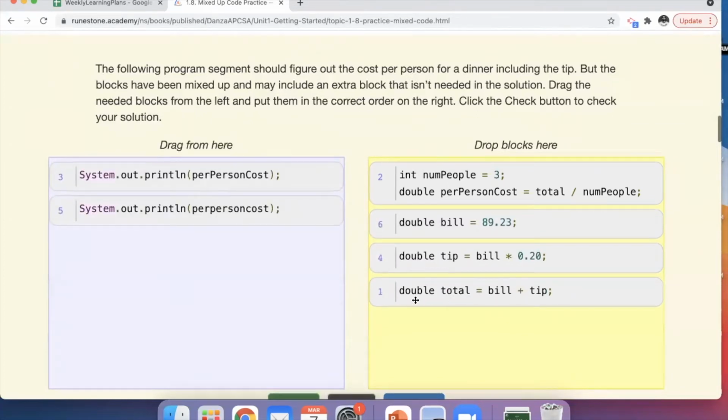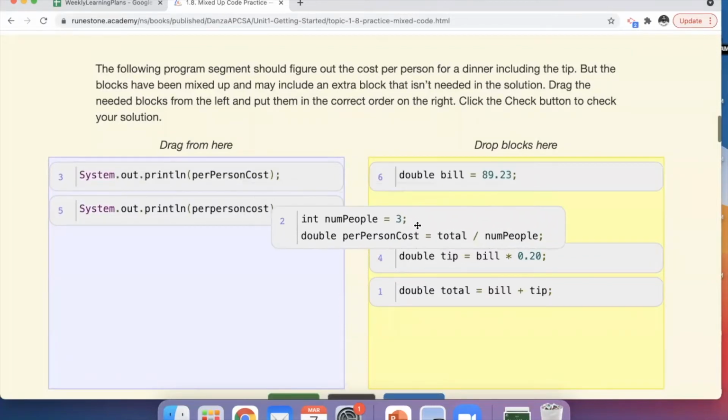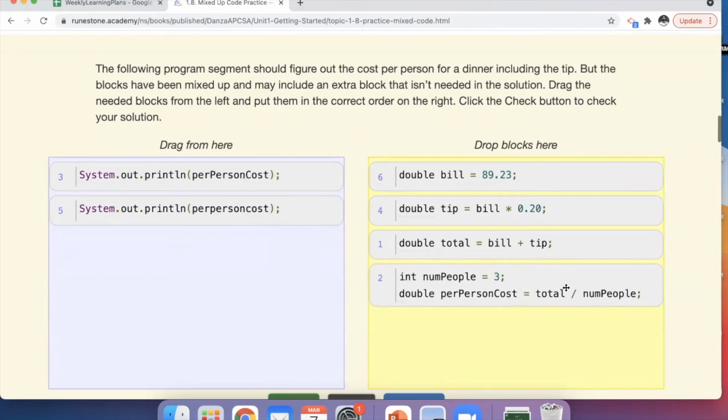Okay. My total has to go here because I have my bill plus the tip, right? If I don't know the bill and I don't know the tip, then that's a problem. I'm going to drag this one down to the bottom because I have total divided by num people.